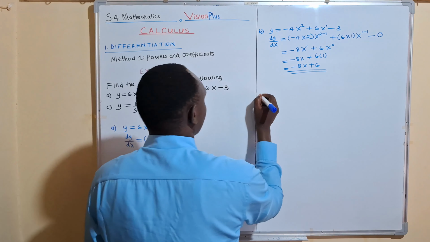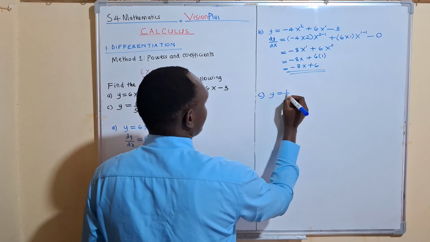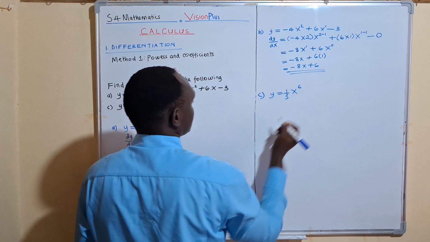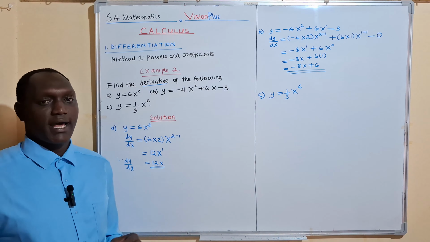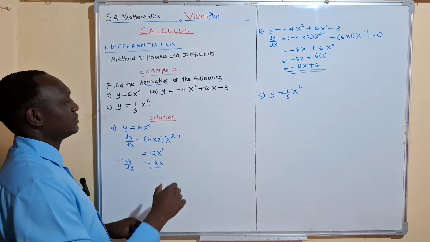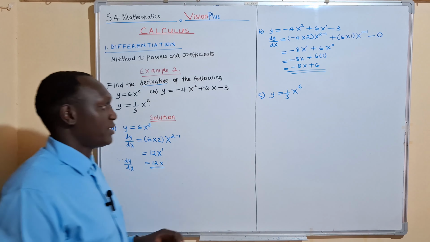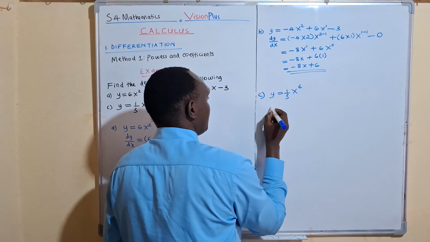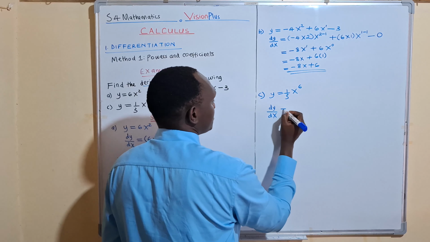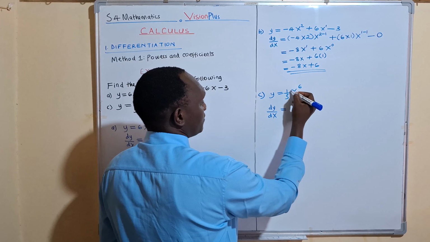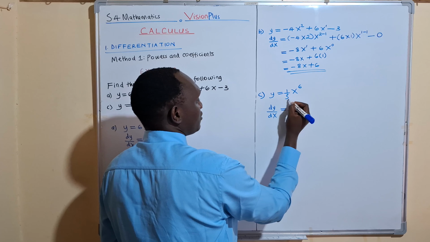And finally, for this example, part C, we are given y as one third x power 6. That is just a single term. We are going to apply the laws of differentiation when we are dealing with powers and coefficients. So we're going to say differentiating y with respect to x, dy dx becomes, we lower this power, which is 6, but x had the coefficient of a third already.